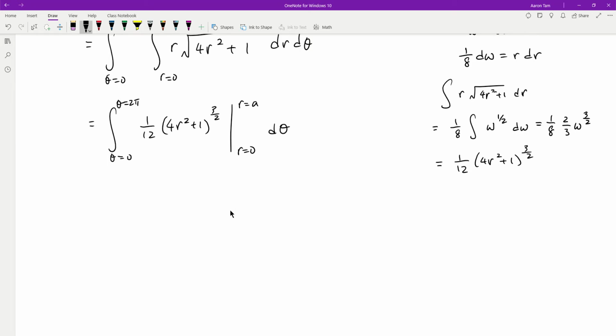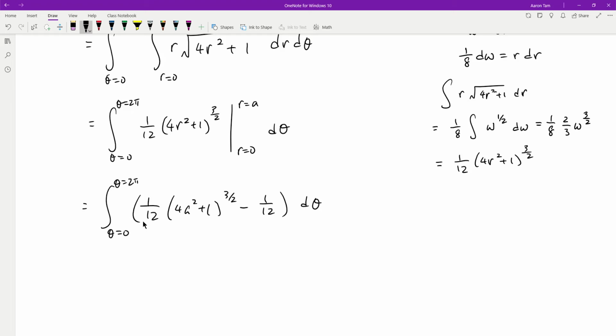If I plug in 0, I actually get 1 to the 3/2 power, which is 1, times 1/12, which is 1/12. So therefore I have the integral of theta from 0 to 2 pi. And if I plug in a, the whole expression just stays the same. So 4a squared plus 1 to the 3/2 over 12 minus 1/12 d theta.